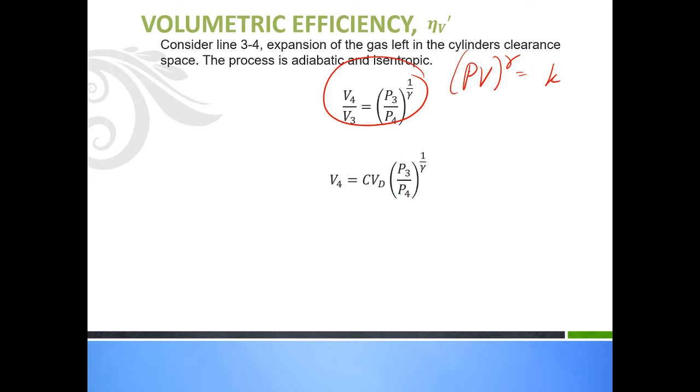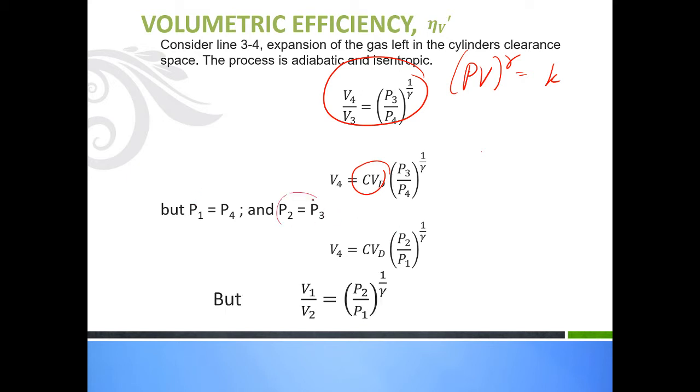Then, substituting lang yung V3. Okay, sinubstitute na siya doon in terms of clearance volume. Yan, pinalit lang since P1 equal to P4 and P2 equal to P3. Yan. Tapos, yung kabila naman na process, adiabatic din siya. So, pwede rin siyang i-write na ganyan. Okay?